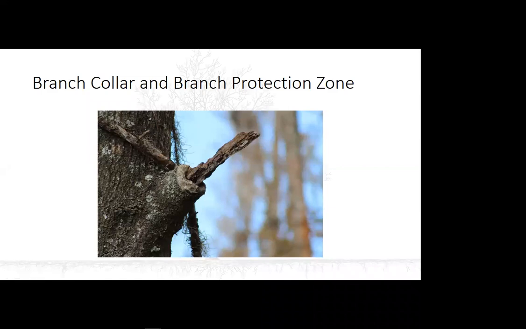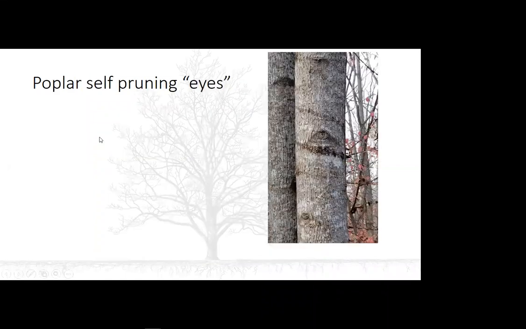And what's going to eventually happen with that wound is it's going to look like this. Somebody on the walk on Saturday mentioned the eyes on the tree. So you can see the structure here. It looks like an eye. Well, that is where there was a branch growing out of the side of this tree, and that's that branch bark ridge. And the poplar, that branch got shaded off. The poplar has already successfully pinched it off.